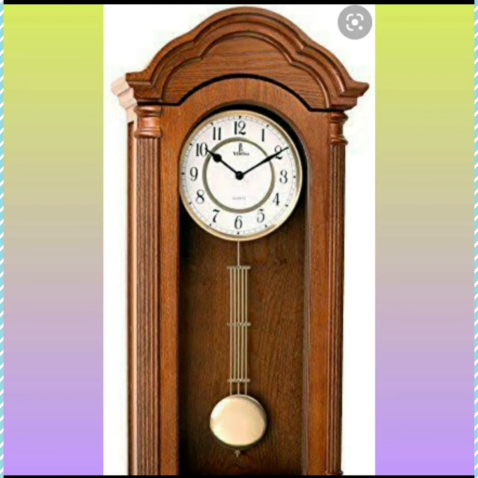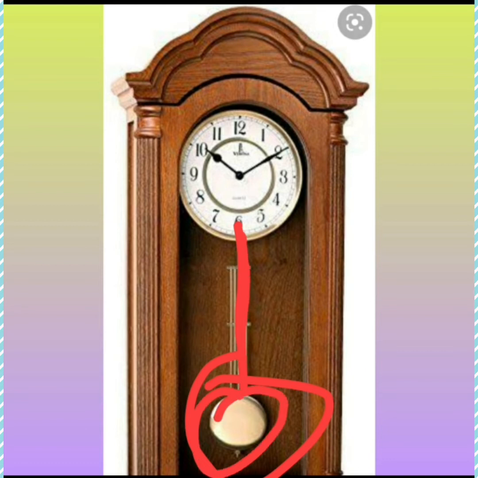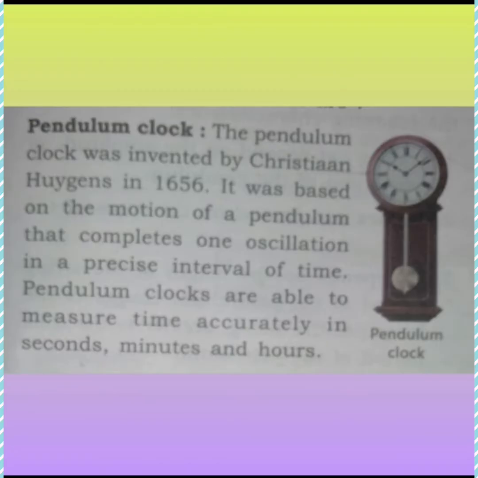You can see here the pendulum and its bob. A pendulum clock was based on the motion of a pendulum that completes one oscillation in a fixed interval of time. That means, see, this is a string, this is a bob. If it takes 2 seconds to move towards left, again it will take 2 seconds to move towards right.